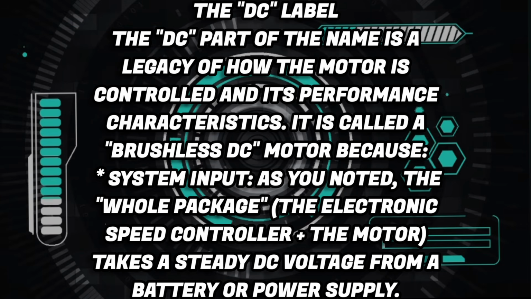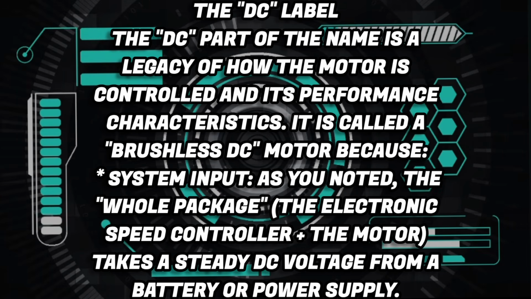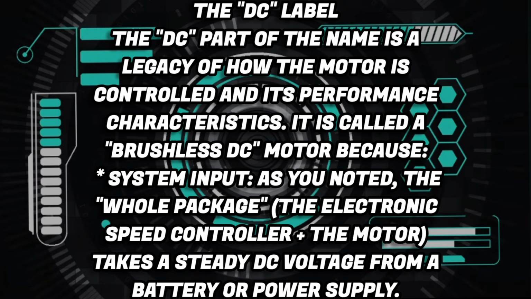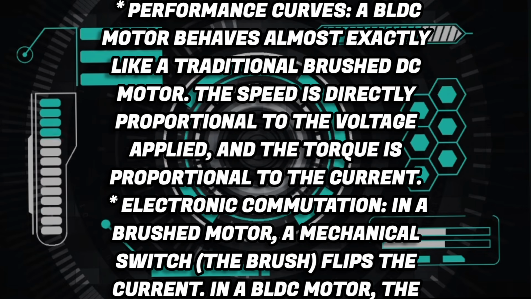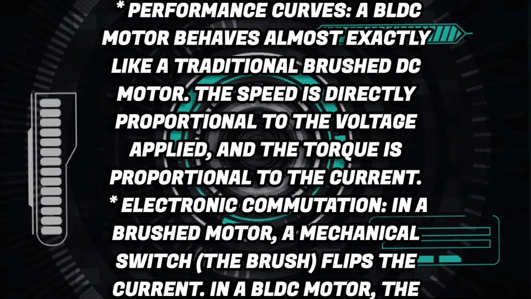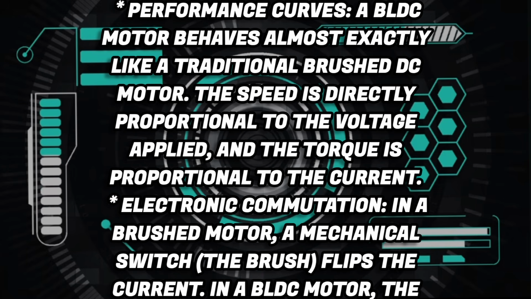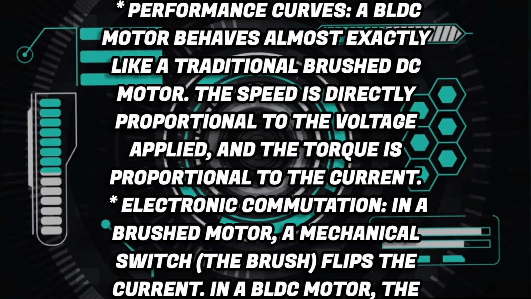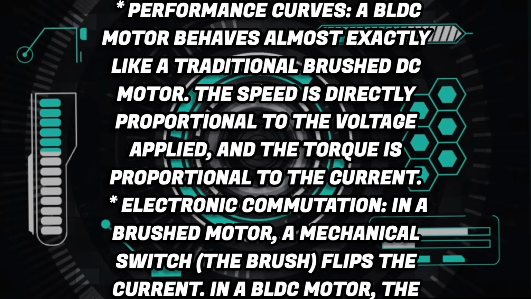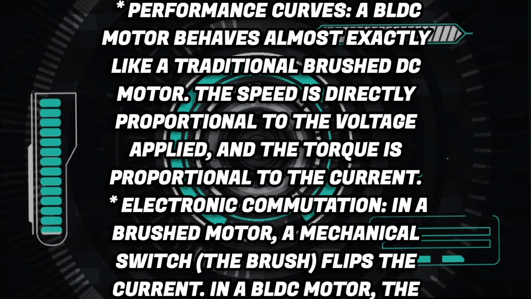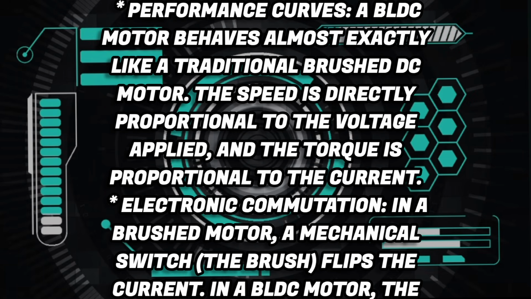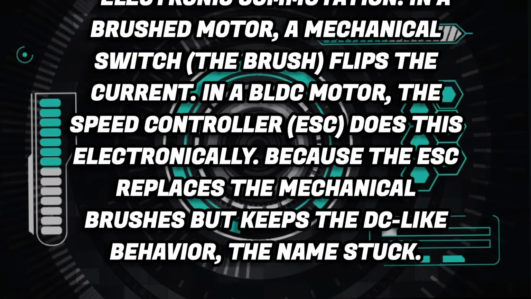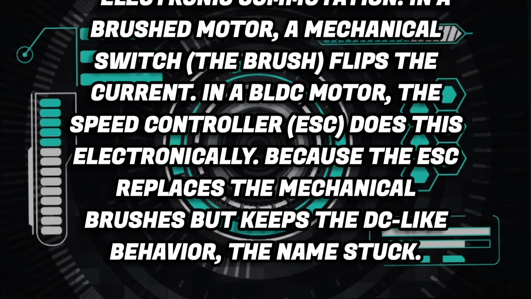It is called a brushless DC motor because, as you noted, the whole package, the electronic speed controller plus the motor, takes a steady DC voltage from a battery or power supply. A BLDC motor behaves almost exactly like a traditional brush DC motor. The speed is directly proportional to the voltage applied, and the torque is proportional to the current. Asterisk: electronic commutation. In a brushed motor, a mechanical switch, the brush, flips the current. In a BLDC motor, the speed controller, ESC, does this electronically because the ESC replaces the mechanical brushes but keeps the DC-like behavior. The name stuck.